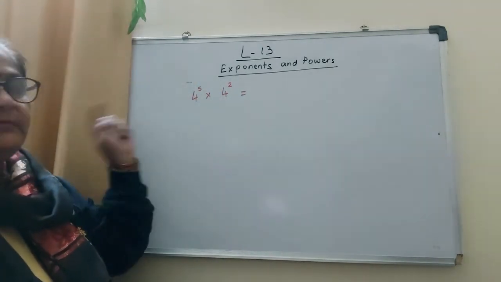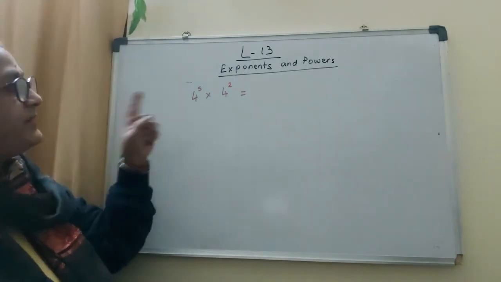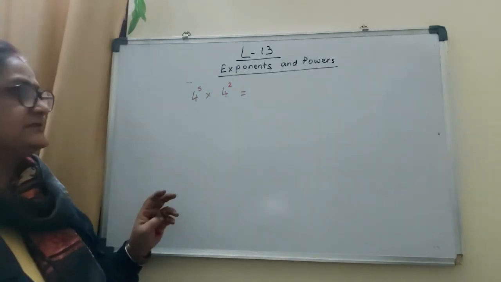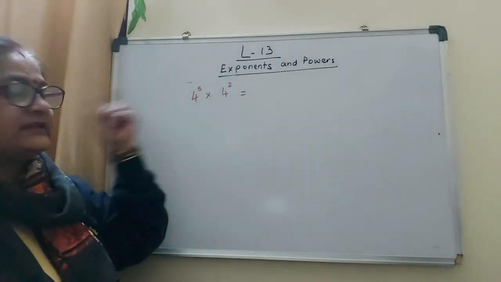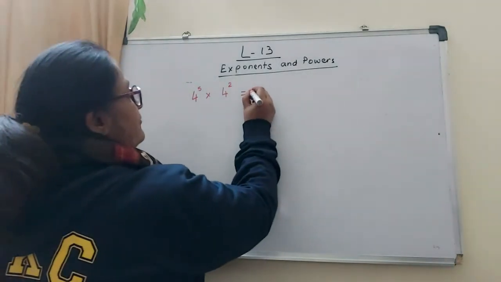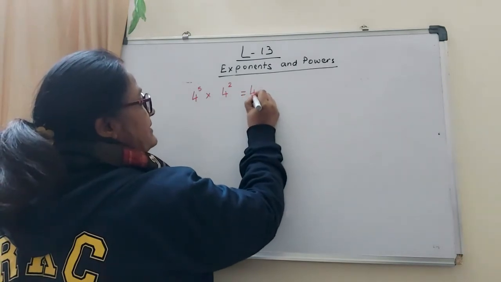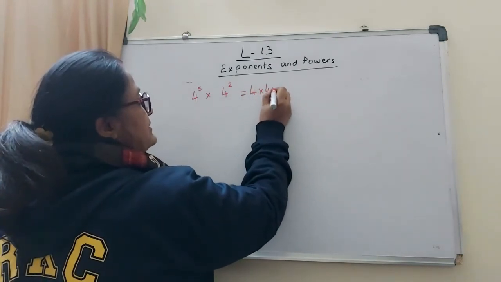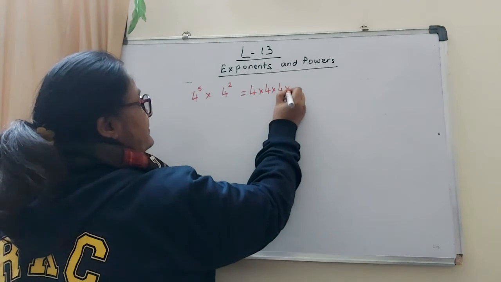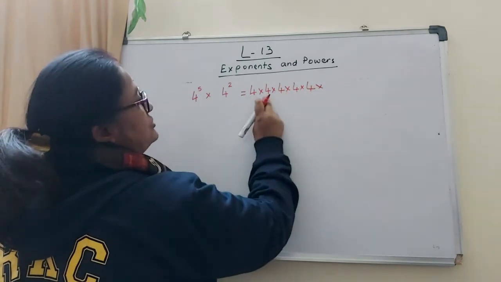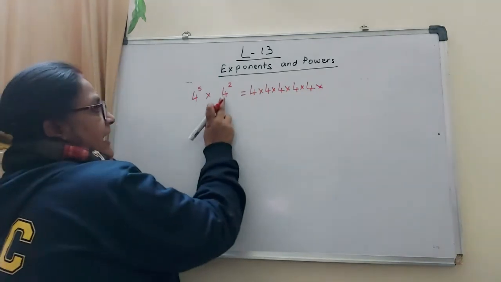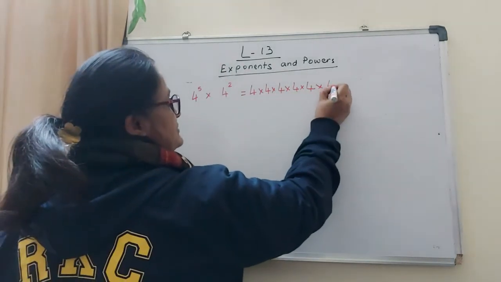What is the base being multiplied? 4. Are the bases same? Yes. Are the powers same? No. So let us see what happens. 4 raised to the power of 5 means I'm multiplying 4 how many times? 5 times. 1, 2, 3, 4, 5 times. And 4 is again multiplied 2 times.